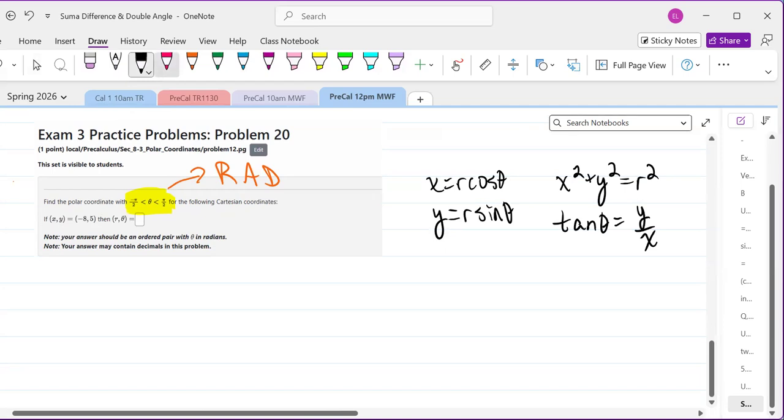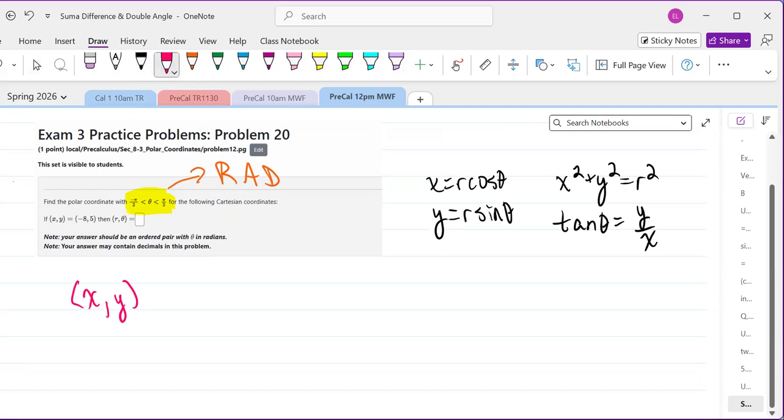So I have an xy coordinate: x, y equals -8, 5. I want to figure out the r and the theta that go with this x and y. So I want to use a formula that has x and y and r in it. Which of our 4 formulas has x, y, and r? Yep, x squared plus y squared equals r squared.